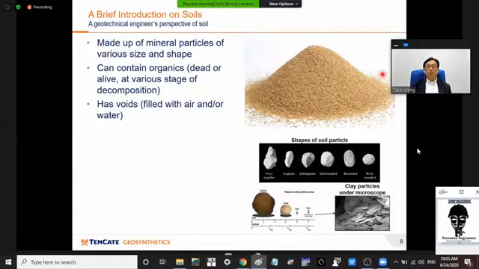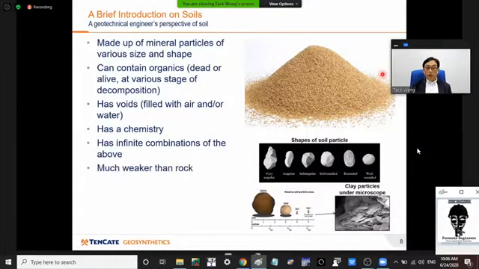It has a chemistry. We always talk about what's the pH of the soil, and this is important when we want to know its effect on materials that are used together with soil, for example, steel or geosynthetics, and even, say, sulfate or concrete resistance. It has an infinite combinations of the above.